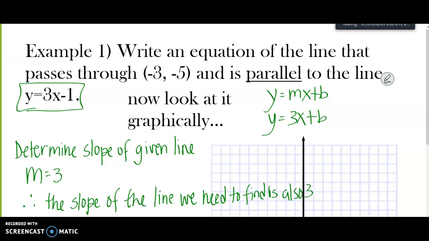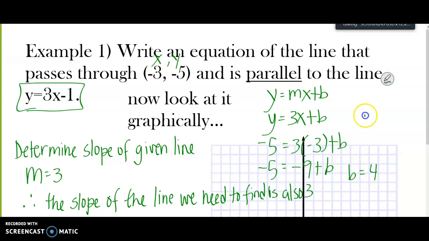I put in -5 for y and -3 for x, and solve for b. I get -5 equals -9 plus b. Add the 9 to both sides, and you get positive 4. So the line will be y equals 3x plus 4. That would be the equation of a line parallel to the given line that passes through this point.